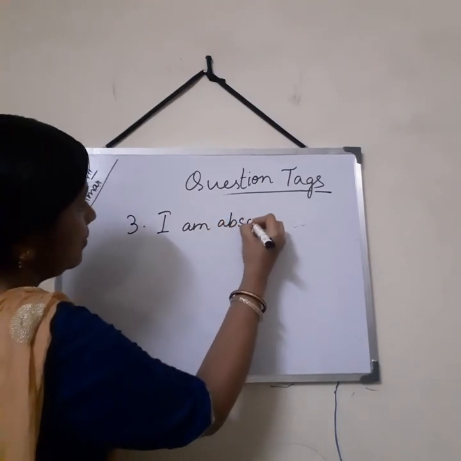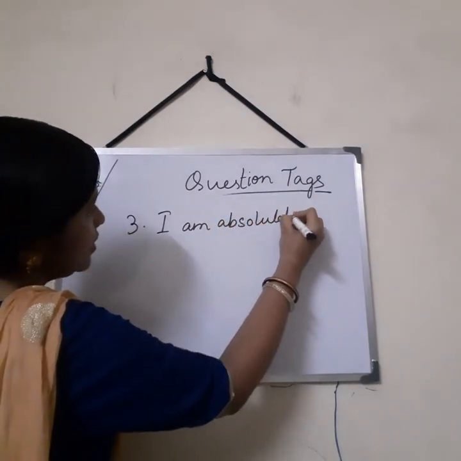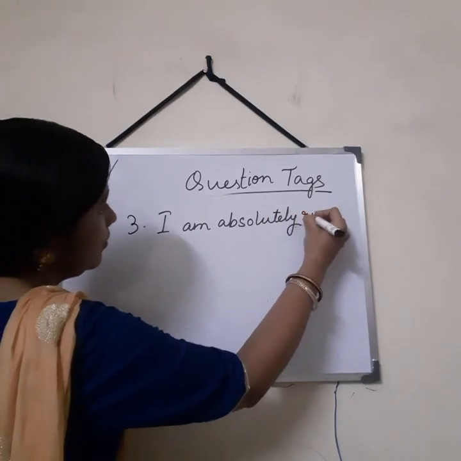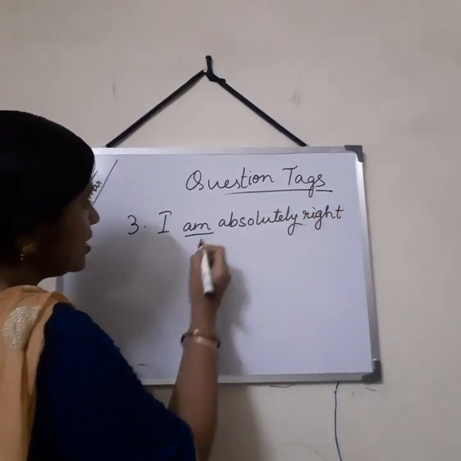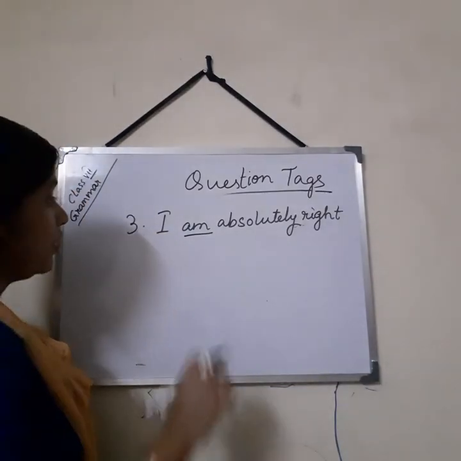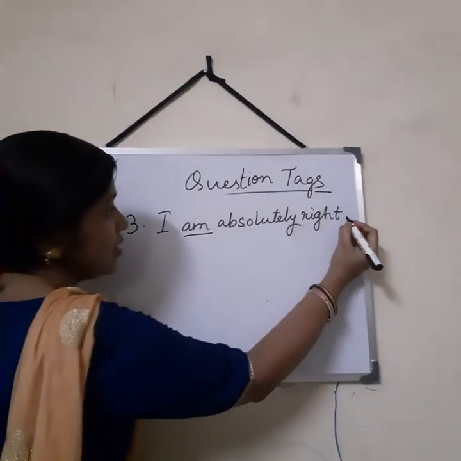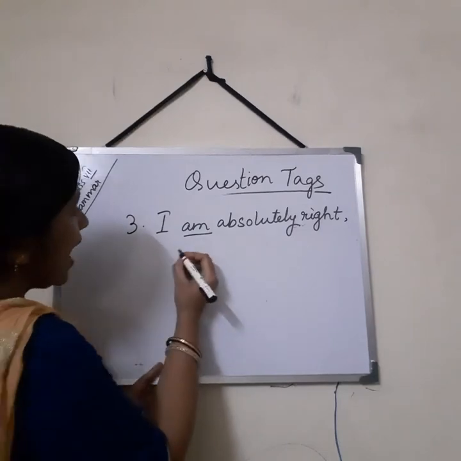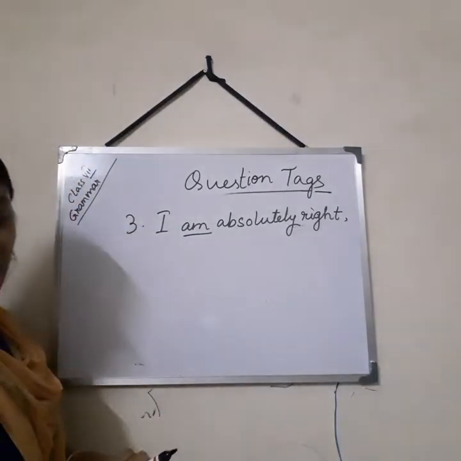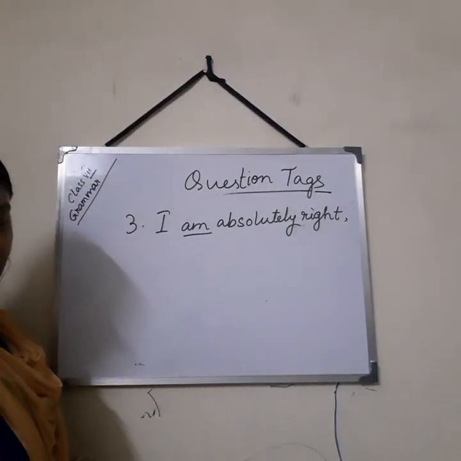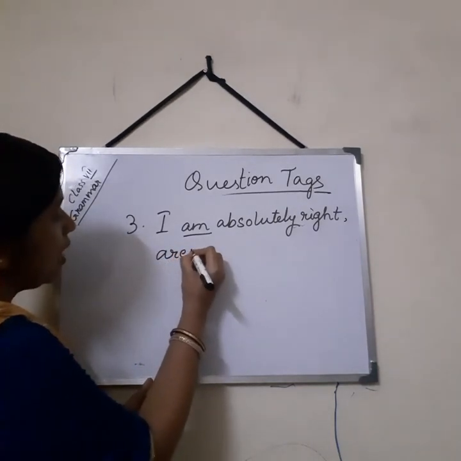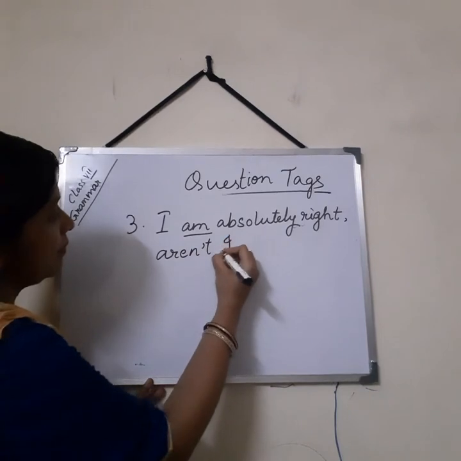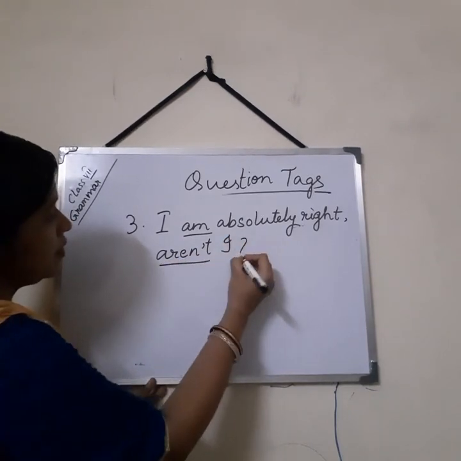I am absolutely right. So this is the auxiliary verb. I am absolutely right, put a comma, and am becomes aren't I or ain't I. So it will become aren't I. This is the question tag.